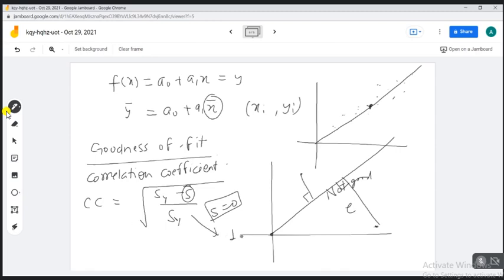So what we concluded is, if the CC is about 1, then the errors are almost 0 or negligible, and we can say our fit is good. Whatever straight line or curve we have drawn is a very good fit. So this is what happens with the correlation coefficient. Is that clear?